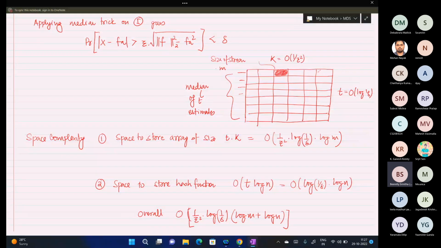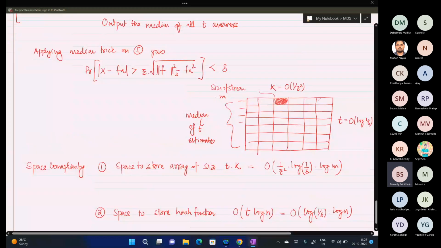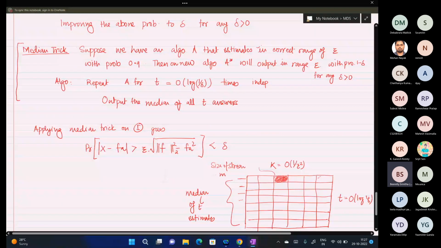Any doubt on whatever we have covered so far? Can you explain that log of 1 by delta once again? Yes, this part.